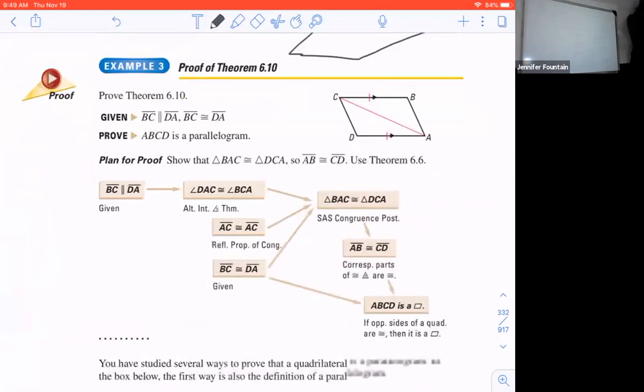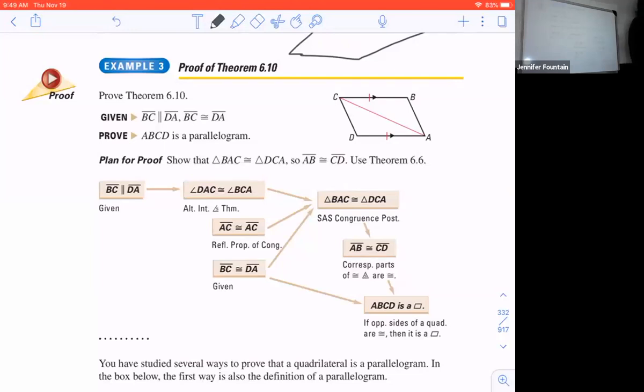So here they have a flow proof. We are given BC is parallel to DA, BC is congruent to DA. We're trying to prove that ABCD is a parallelogram. So we have our given, and then we have our alternate interior angles theorem that DAC is congruent to BCA, as well as AC is congruent to AC and BC is congruent to DA.